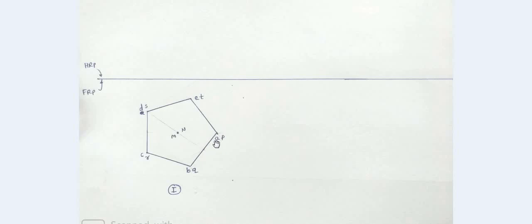So this point would be A, B, C, D, E. You can go anti-clockwise also, it doesn't matter. The only care you have to take is to keep this point as A. So these A, B, C, D, E are the 5 corners of the lower base.